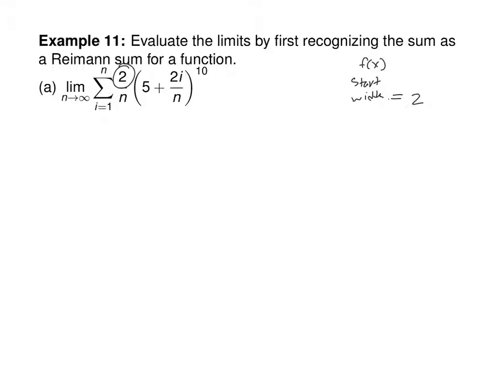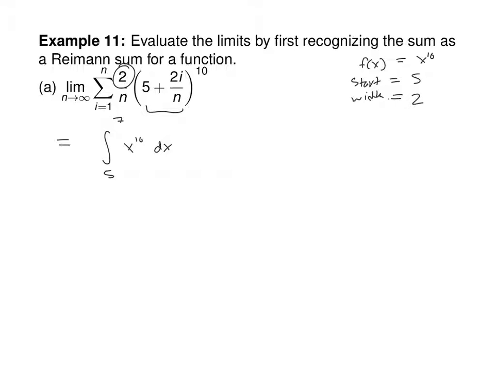What was the start point? 5. And the function is, you're taking all this stuff, it's x to the 10th. This is the same thing as the area under the x to the 10th curve from 5 to, not 2, 5 to 7.